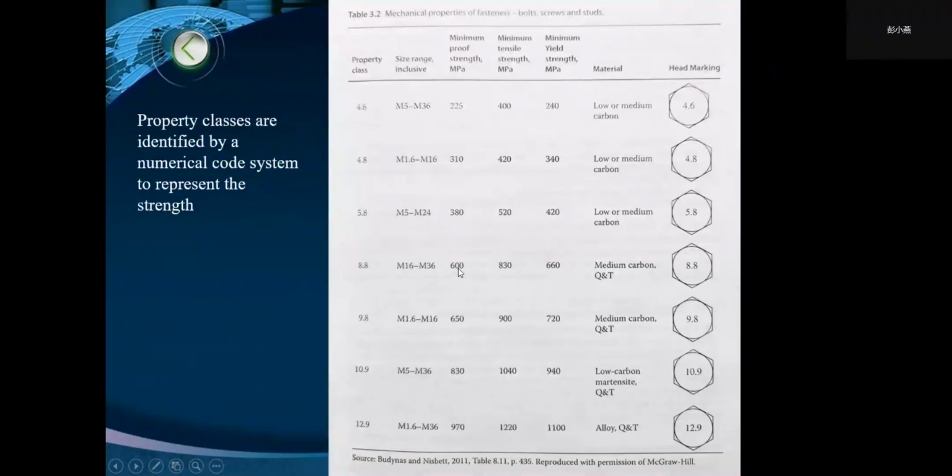And this is the property classes for bolt.